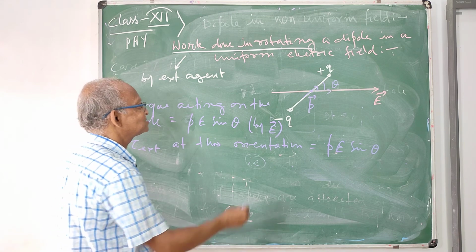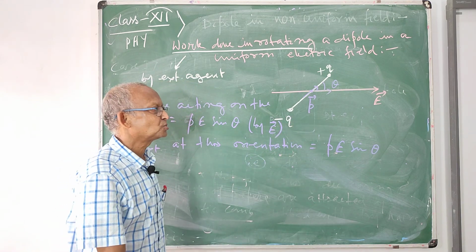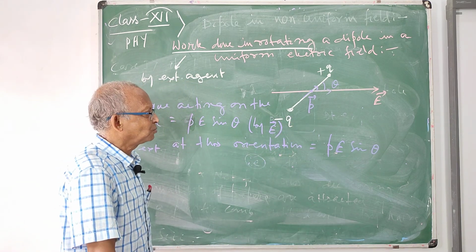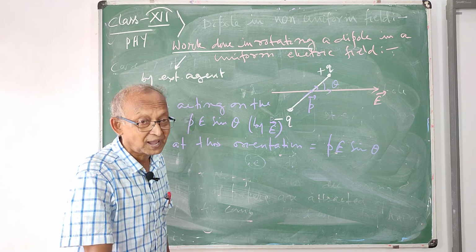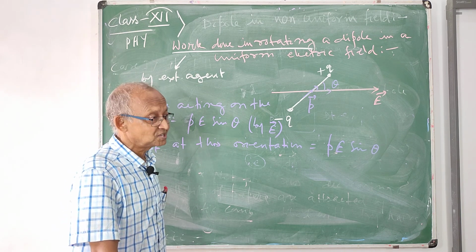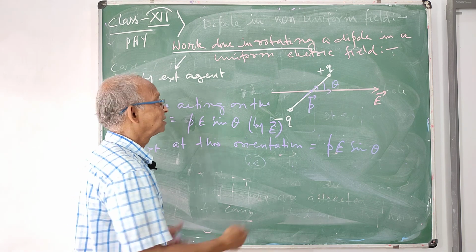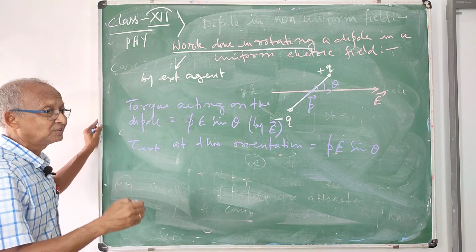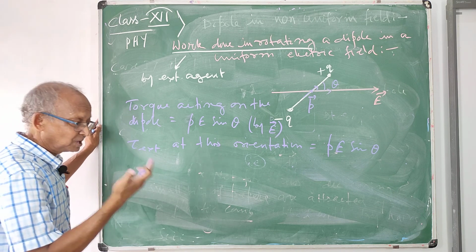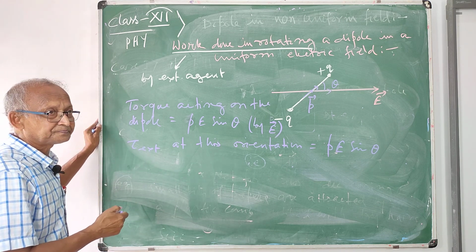Now the question is, you know that as we rotate it more and more, the external agent has to apply more and more torque. So torque is changing. So the question is work done by a variable torque. How do we calculate work done by a variable force? Similarly, work done by a variable torque.